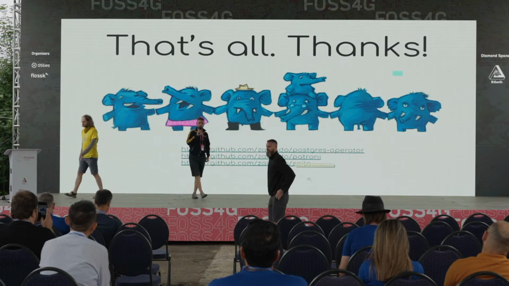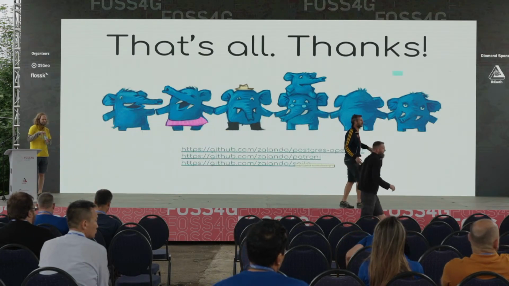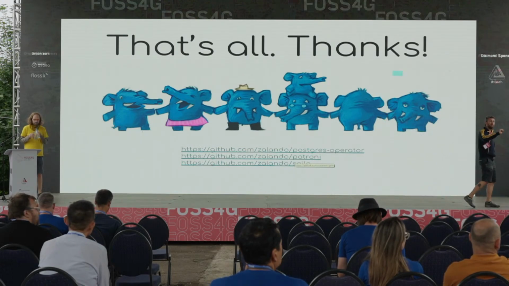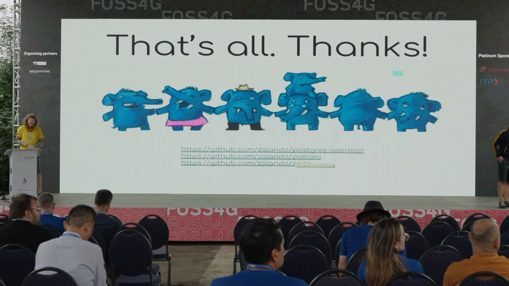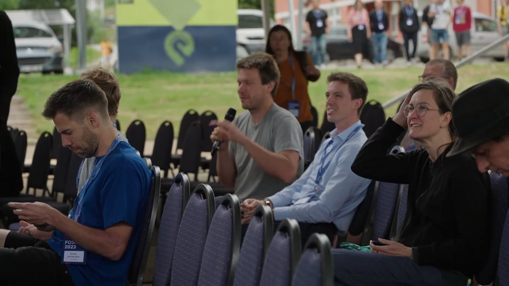So, any question? Thank you very much for the talk. I was very happy that you said in the end that we just need to bump the version in the manifest, so it's very good.